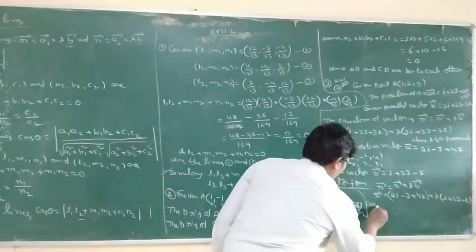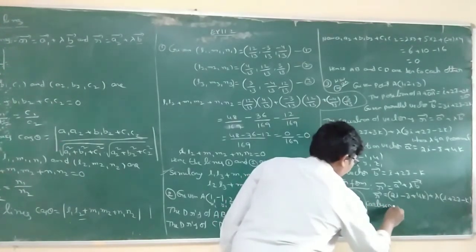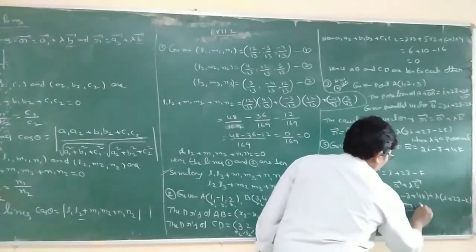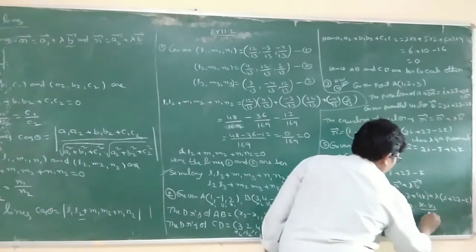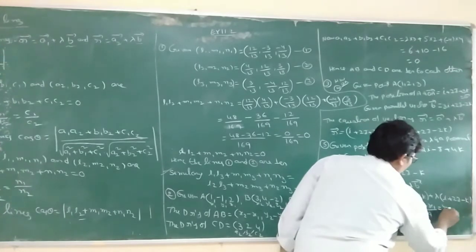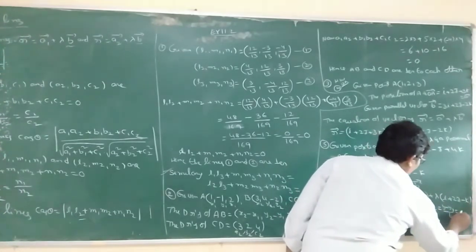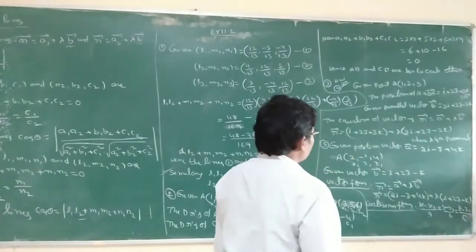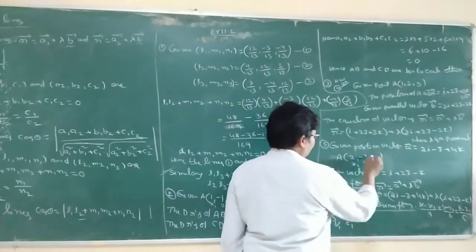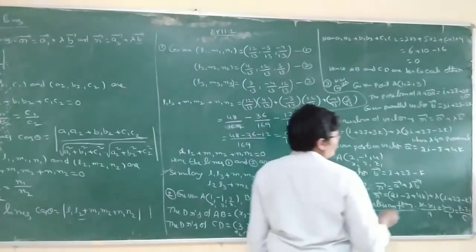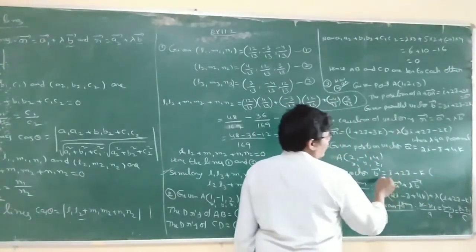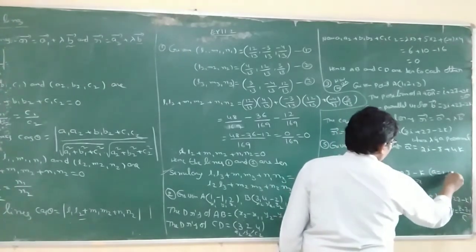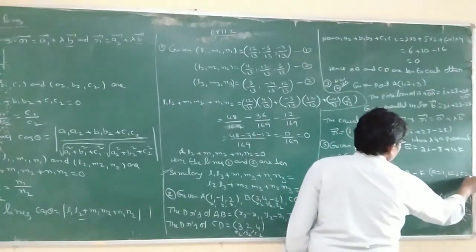Next, Cartesian form. What is the Cartesian form formula? (x minus x1) by a is equal to (y minus y1) by b is equal to (z minus z1) by c. So here a is equal to 1, b is equal to 2, c is equal to minus 1.